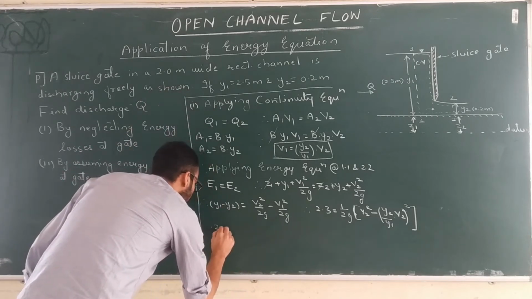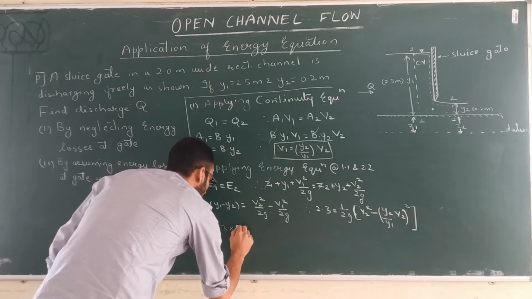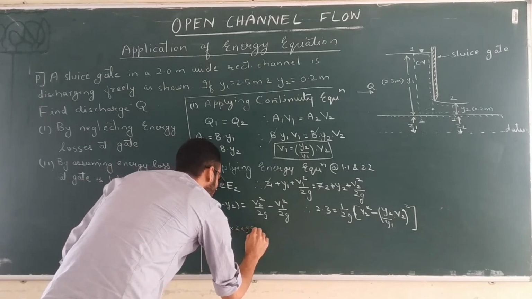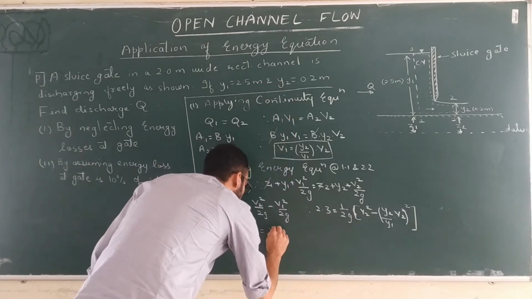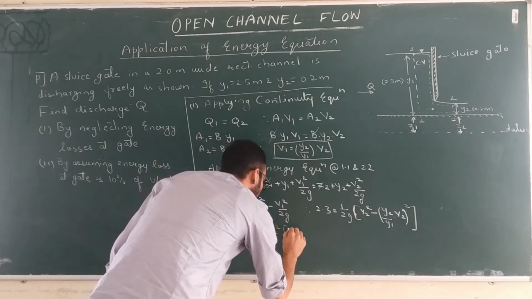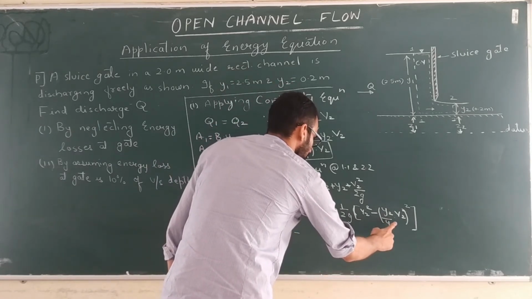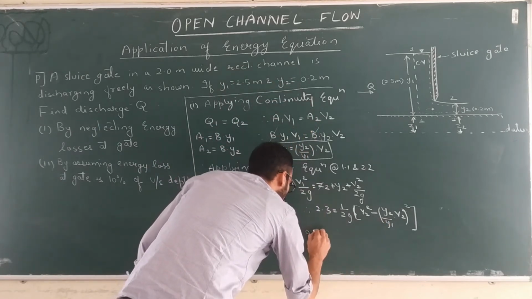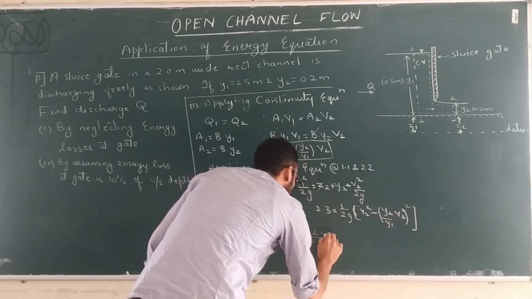2.3 into 2G will come on the left hand side, so 2 into 9.81 is equal to V2 square common, times 1 minus Y2 by Y1 square, that is 0.2 by 2.5 square.